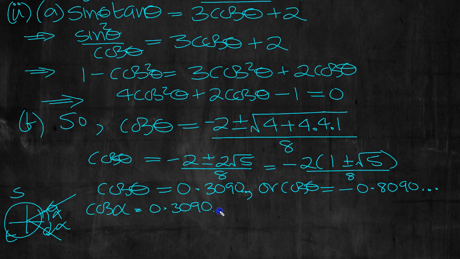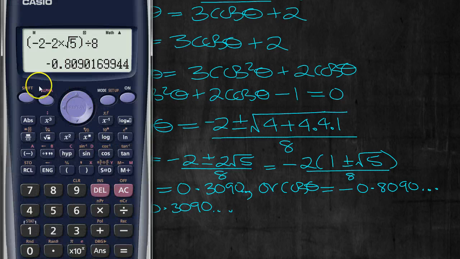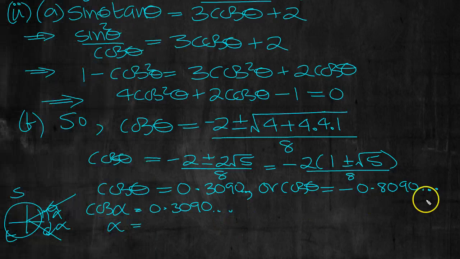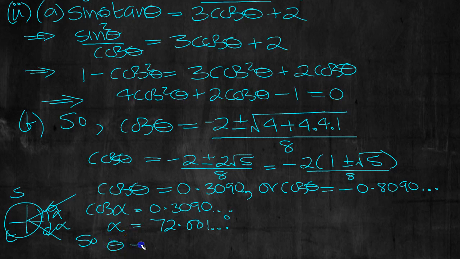0.3090. So alpha, shift cos 0.309 equals 72.001 degrees. So theta then, the first solution will be round to here.